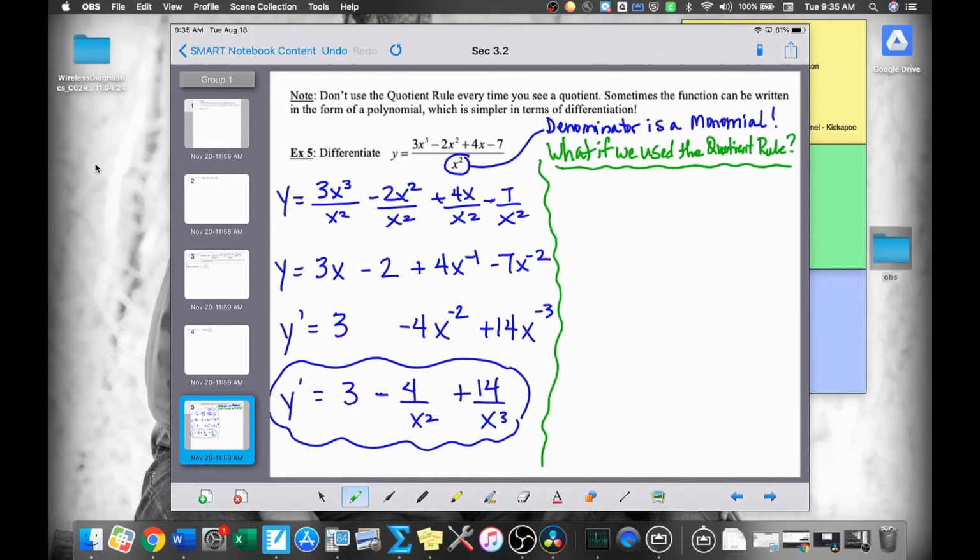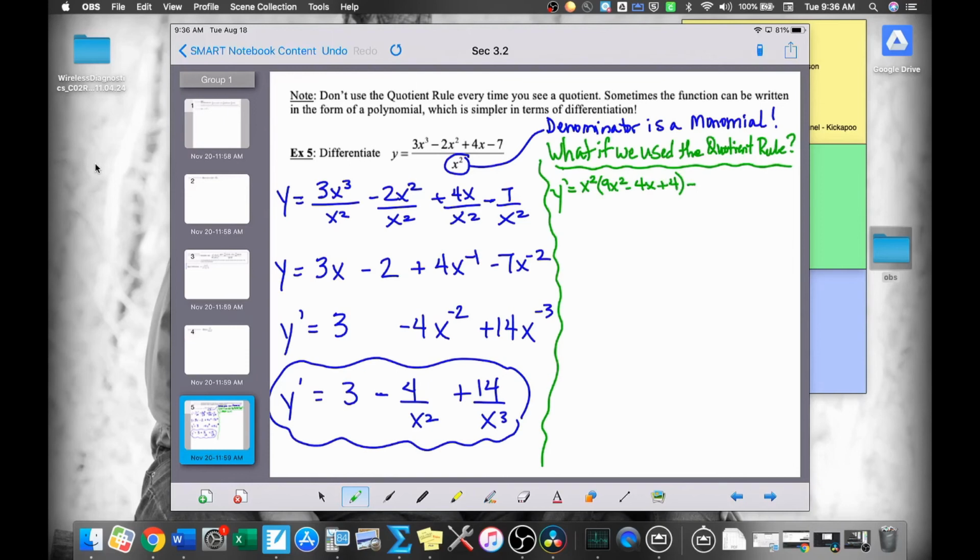We should still get the same answer as long as we do our math correctly because this is a quotient. So my y prime, again, quotient rule is low d high minus high d low over low squared. So y prime is going to be equal to low, which is x squared, times d high. So I have to take the derivative of each term in my numerator, which is going to be 9x squared minus 4x plus 4.